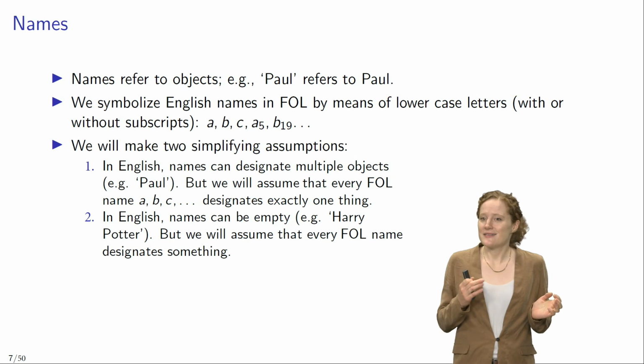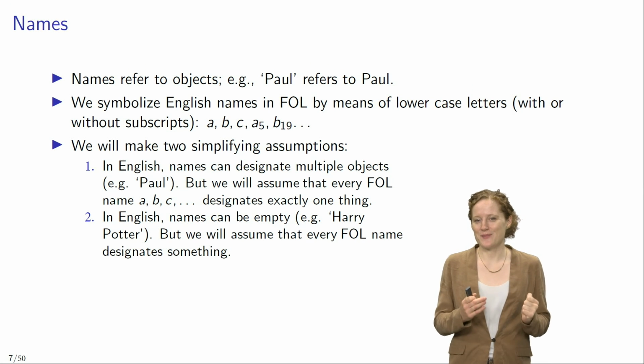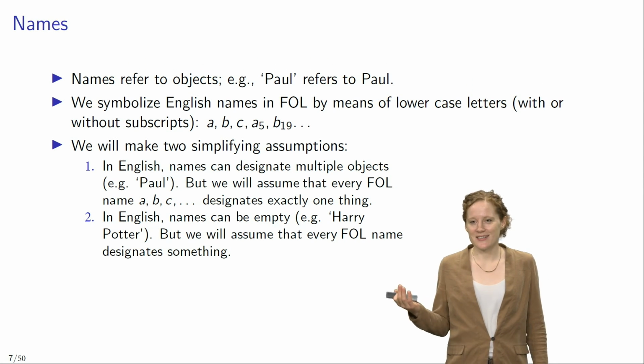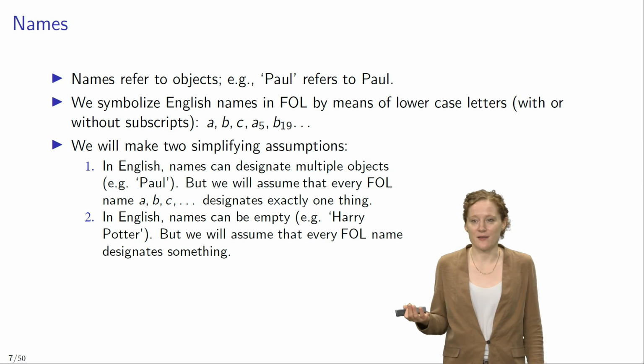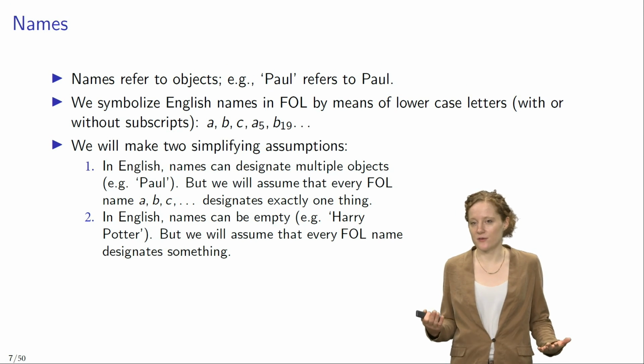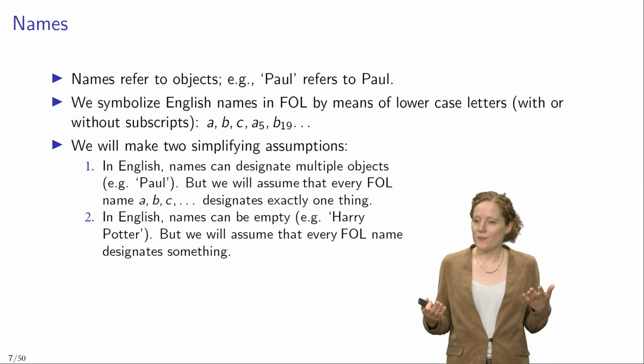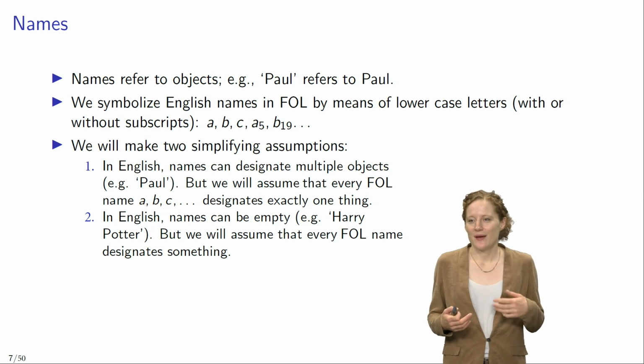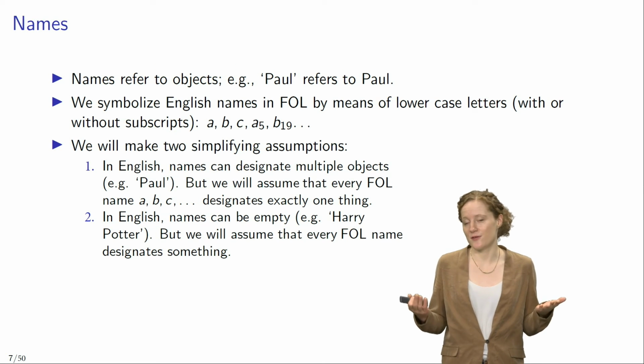Now, the second simplifying assumption concerns empty names. In English, names may not refer to anything. So, for example, Harry Potter doesn't refer to anything at all. Or maybe a fictional object. To give a different example, Pegasus doesn't refer to anything at all.